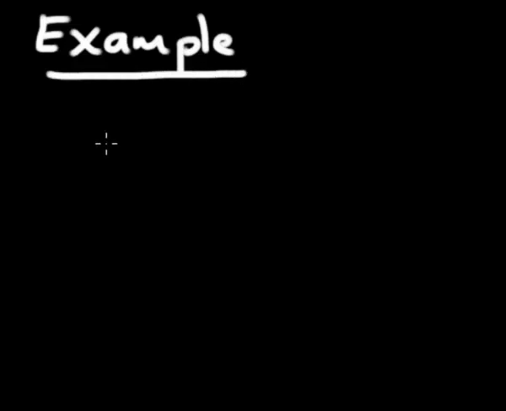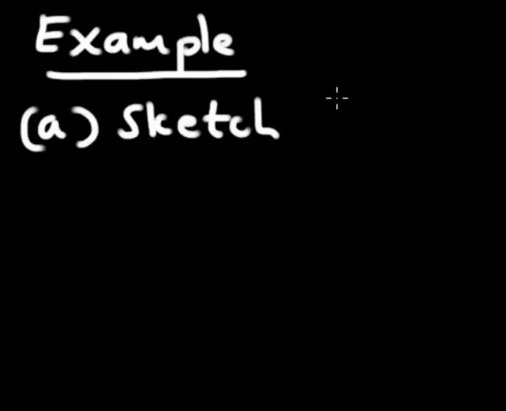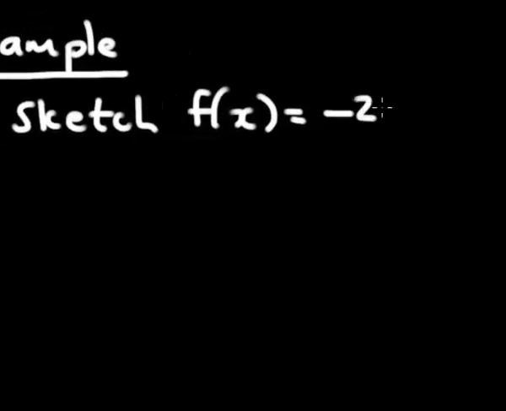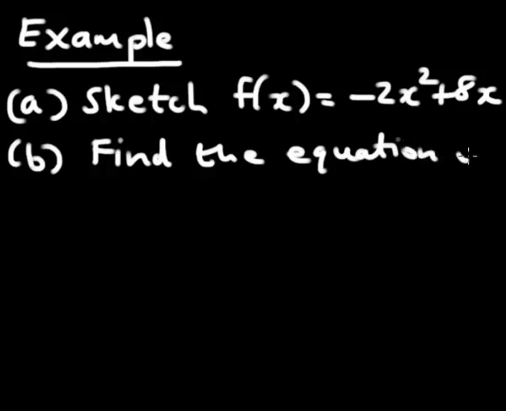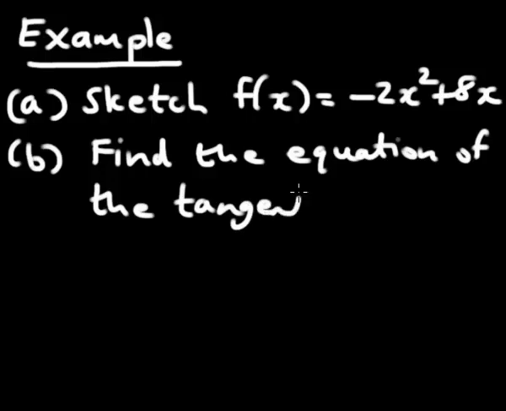Have a look. I'm going to ask you to sketch a parabola, and in this example, the first part is I want you to sketch this graph. We're going to revise a little bit of parabolas from grade 11. So f of x is equal to negative 2x squared plus 8x, a very sad parabola. And then I want you to find the equation of the tangent at x is equal to 3.